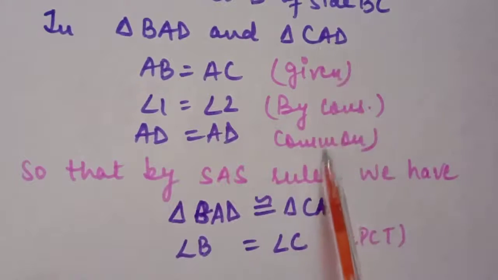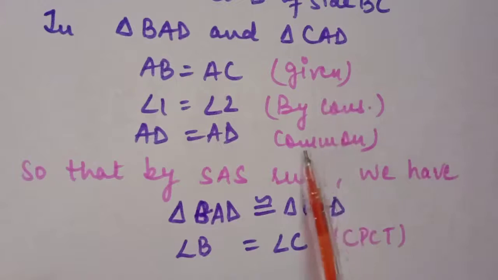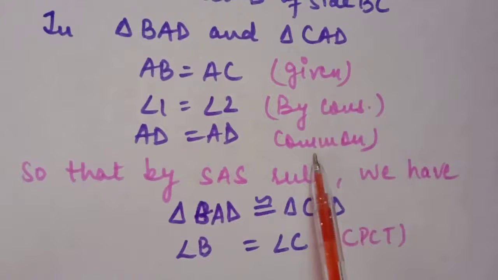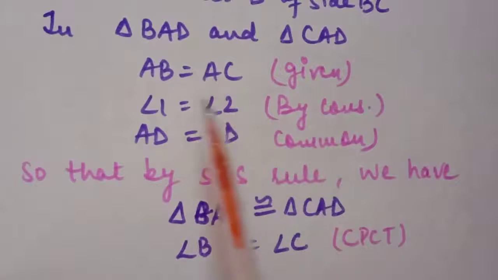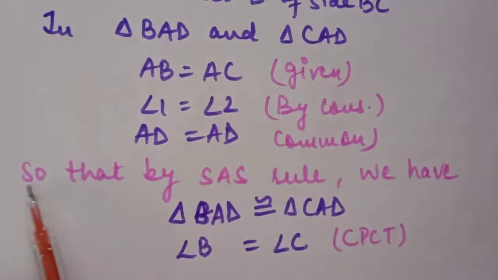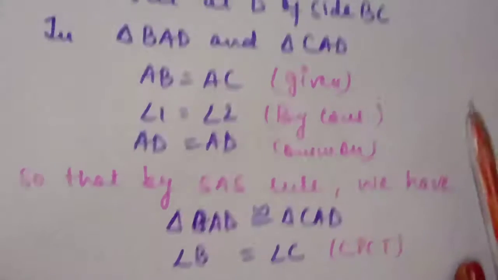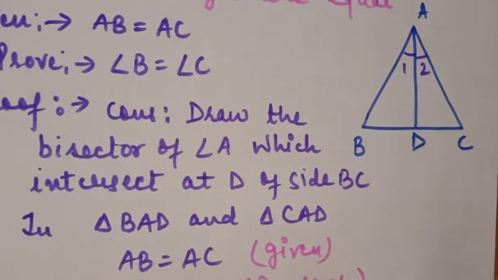So students, please focus on these types of reasons. You have to mention them; it is compulsory to write a reason in each and every step. So these three are the reasons for the three elements, so that by SAS rule triangles BAD and CAD are congruent.